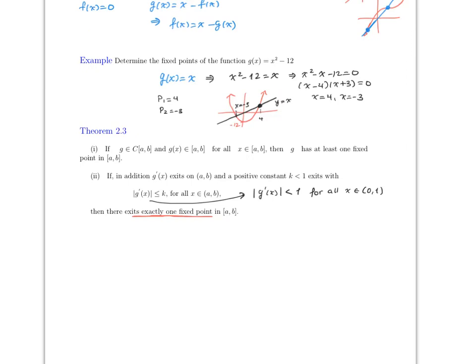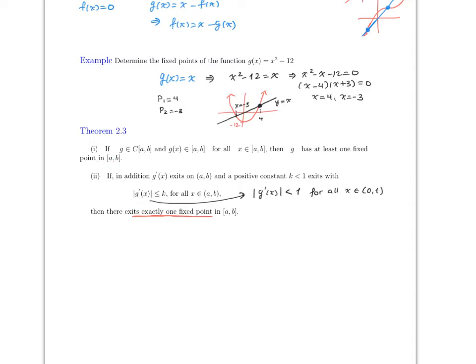All right, so one more time, this is what the theorem says. Part A, the first part, is obvious: if the image of the function is between a and b for all the values of x between a and b, then you will have at least one fixed point.